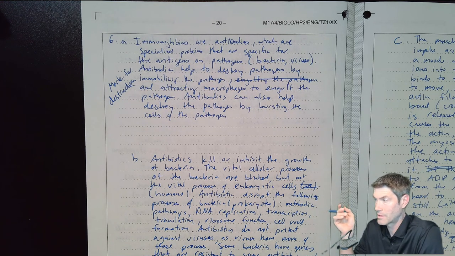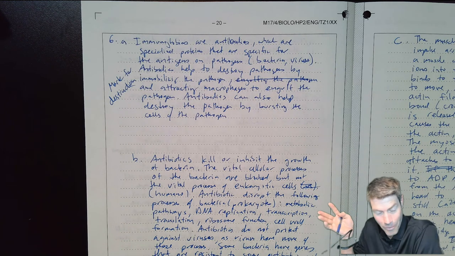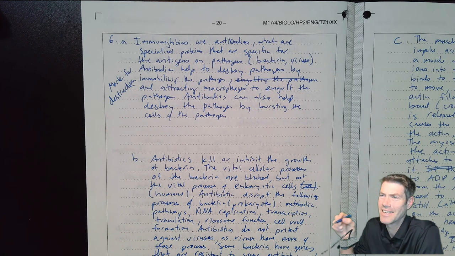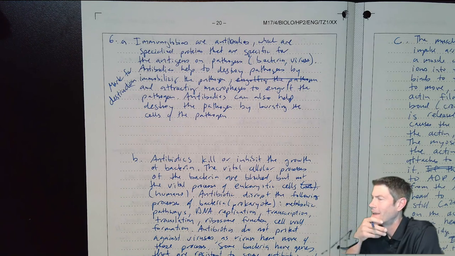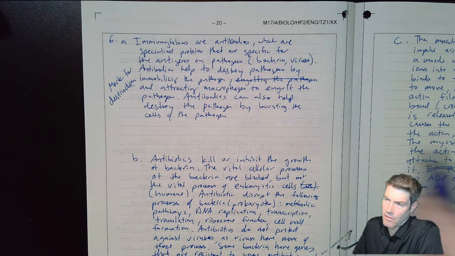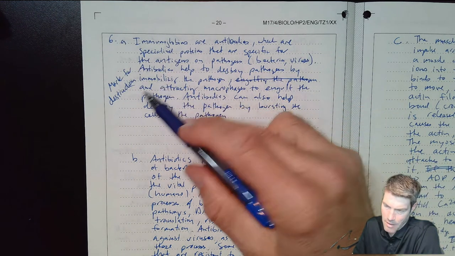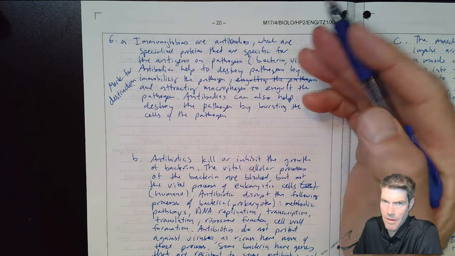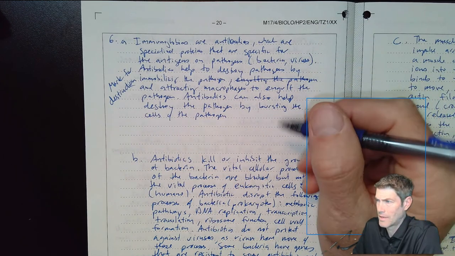Remember, you can get points for quality, but that's not really what it's about. You can have terrible writing, not handwriting. They need to be able to understand what you're saying. But they're looking for the information. They want to know how much you know about biology. So adding a little comment like this shows you know a little bit about biology. So don't be afraid to do that.